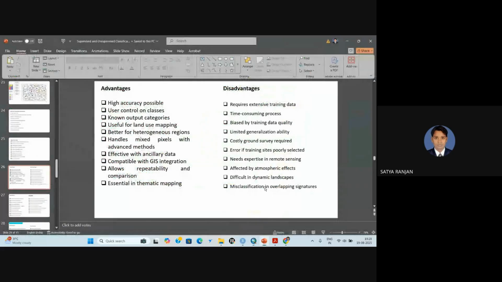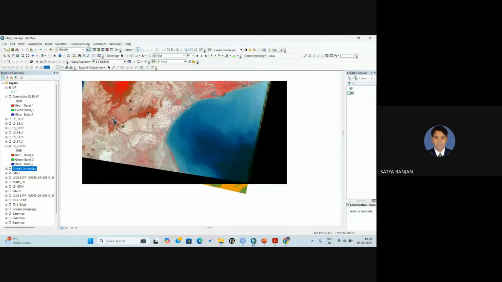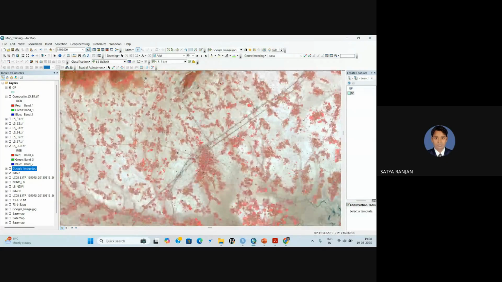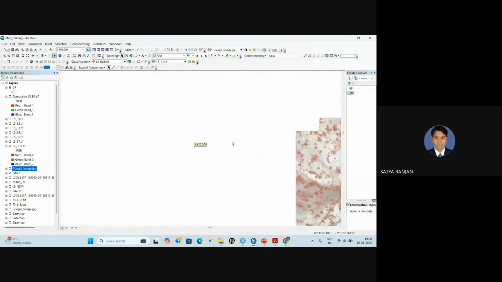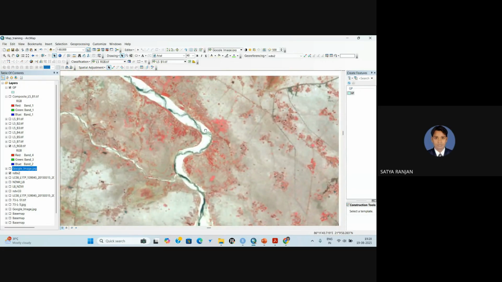Okay. Similar information means, suppose I give you one example. Suppose this is the agricultural land. This area is agricultural land. So this has a reflectance value nearly similar to, suppose, the sand area.